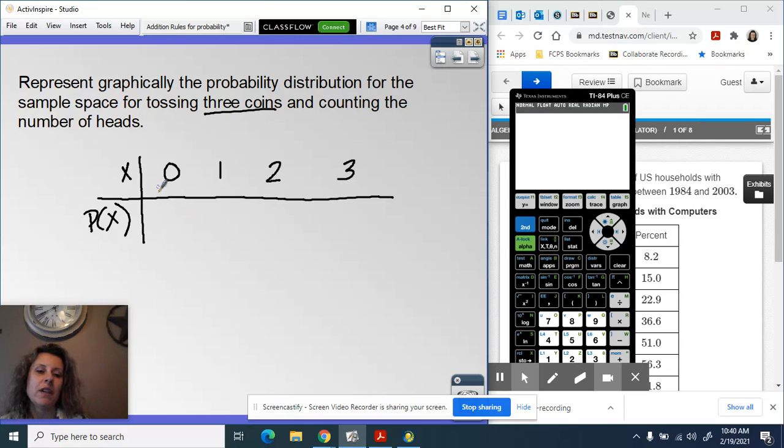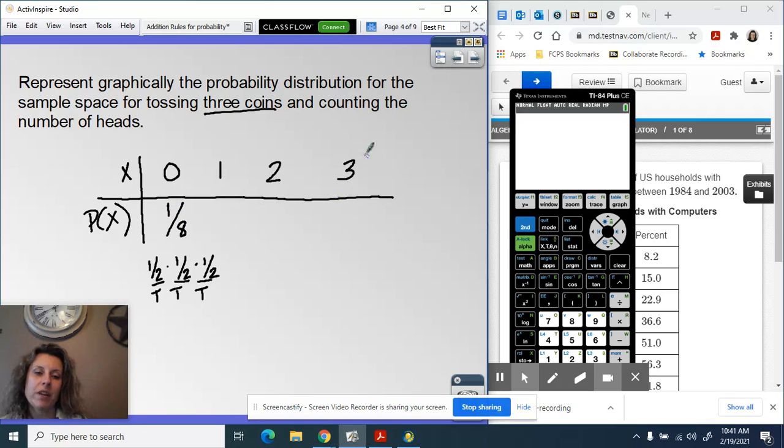For the probability of getting 0 heads, we do have to remember that we're tossing a coin 3 times. So if we don't get any heads, that's the same as getting 3 tails. So the probability of getting a tail on the first toss would be 1/2. That would stay consistent for the next 2 tosses because those are independent events. So we would be multiplying 1/2 times 1/2 times 1/2, or that would be 1/8.